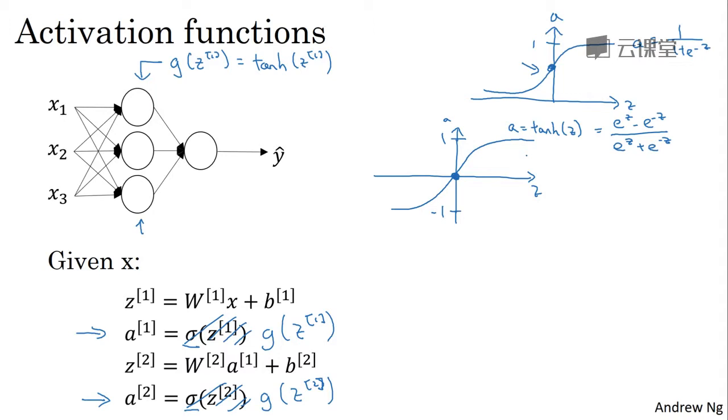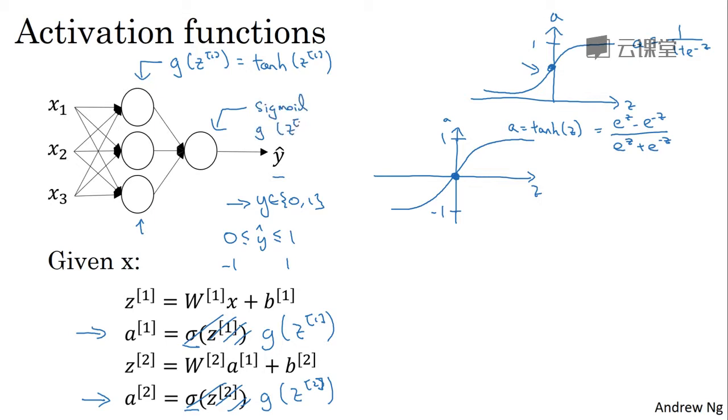The one exception is for the output layer, because if y is either 0 or 1, then it makes sense for y hat to be a number between 0 and 1 rather than between -1 and 1. So the one exception where I would use the sigmoid activation function is when you're using binary classification, in which case you might use the sigmoid activation function for the output layer.